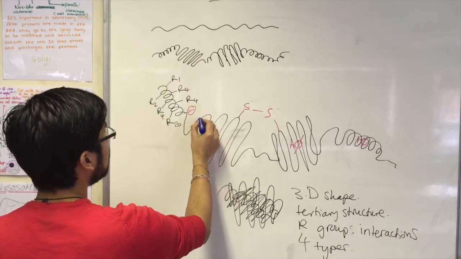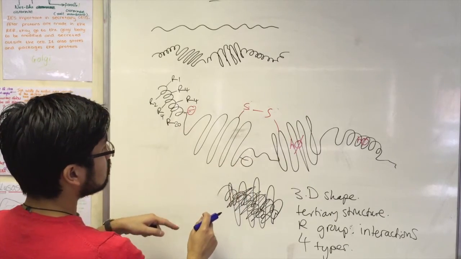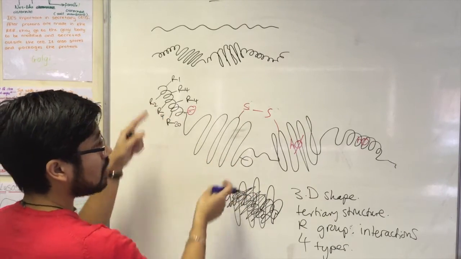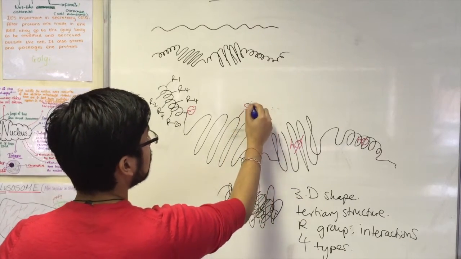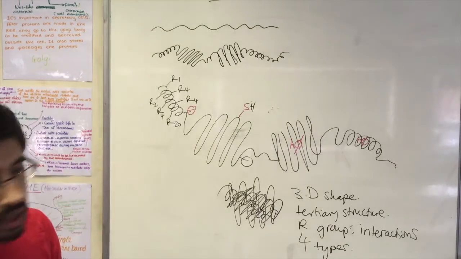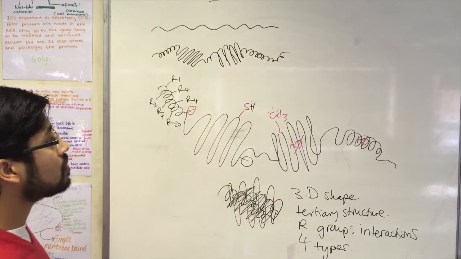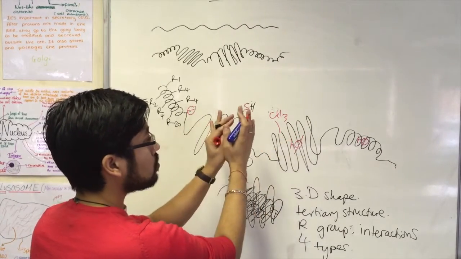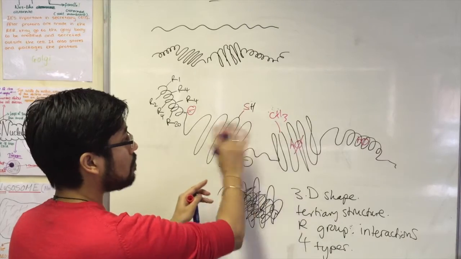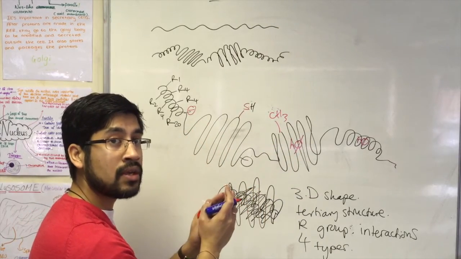If we had 2 negatives, if this was a negative and a negative, that interaction would not have happened. If there wasn't an SH group here, and say if it was something else, like a methyl group, that disulfide bridge wouldn't have formed, and therefore wouldn't have caused the folding of that part of the 2 polypeptide chains in that way.